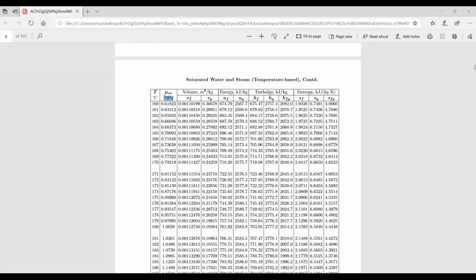Here the pressure is in megapascals. If you convert this pressure from megapascals into bar, it should be 10.028 bar. That may be approximately 10 bar. I am taking that as 10 bar.